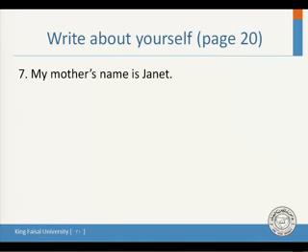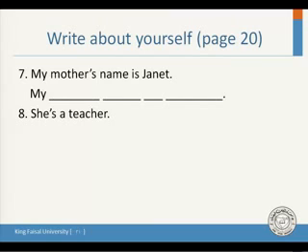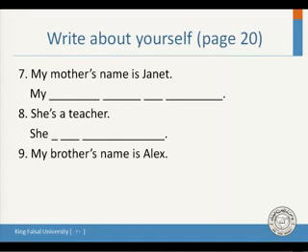More sentences about yourself. Number 7, my mother's name is Janet. Write a sentence. Number 8, she's a teacher. What does she do? She's a teacher. She's a nurse. She's a housewife. My brother's name is Alex.